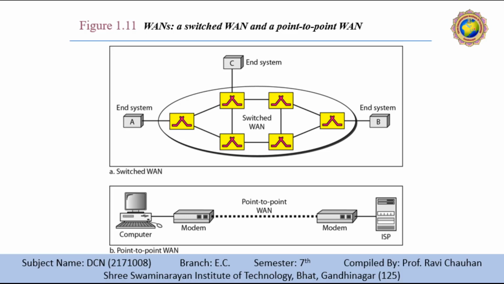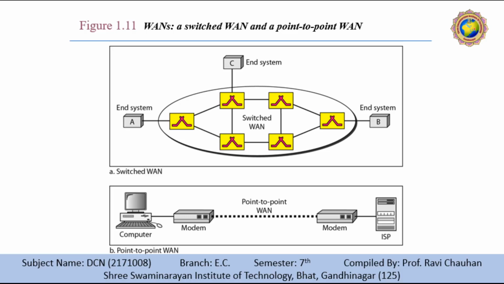In the second, the point-to-point WAN, a modem is connected with the computer or ISP. The modem is mainly responsible for transmission and receiving of data. Each and every component of this diagram, like modem, WAN, switched WAN, switch, etc., we are also going to see in further sessions.